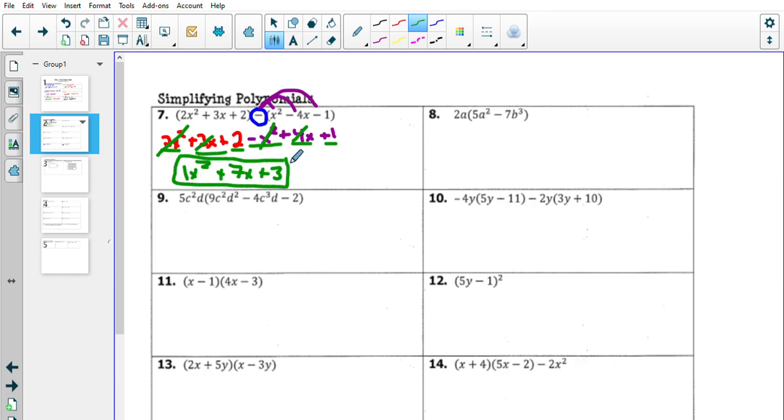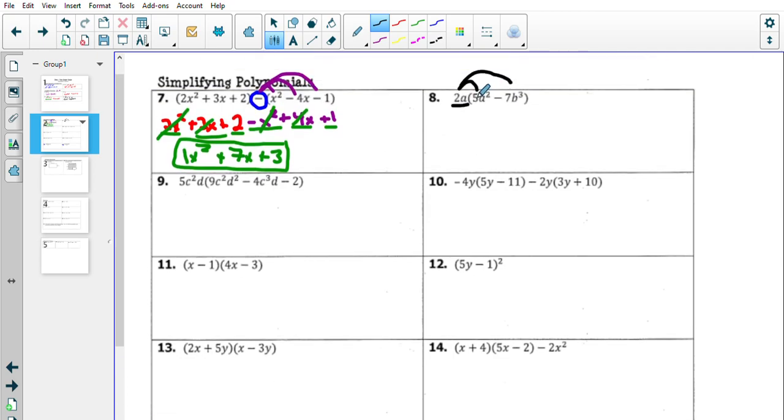So we change the terms on the right side by making them the opposite, and then we combined all of our terms. Pretty simple. All right, if we look at number 8, we can see that we have a monomial multiplied by a binomial, and this is where we're just doing our distribution.